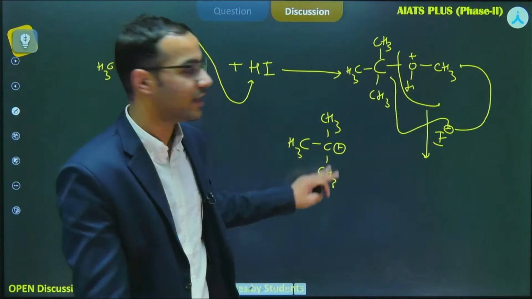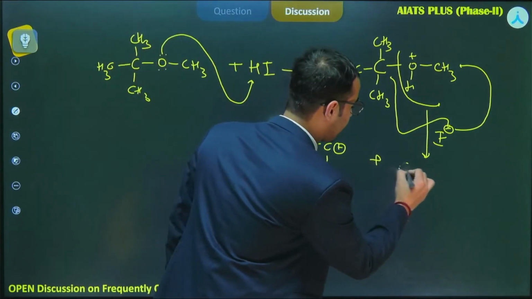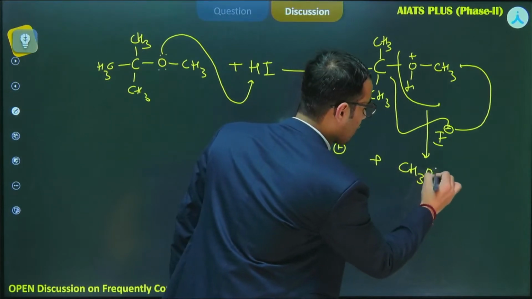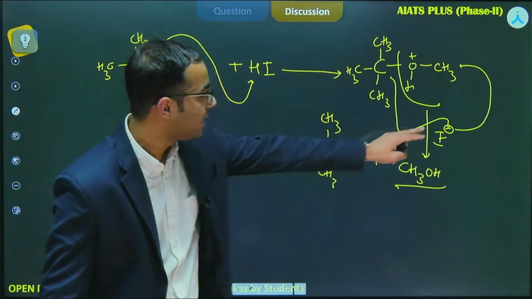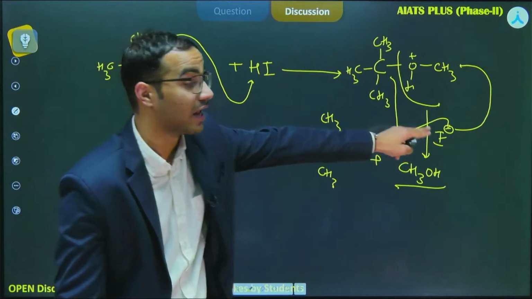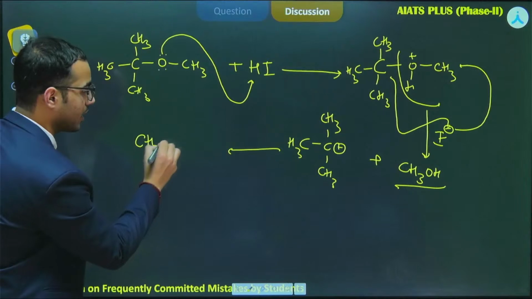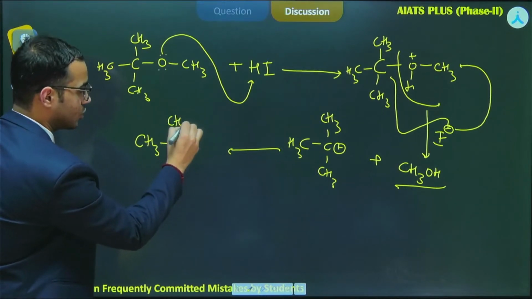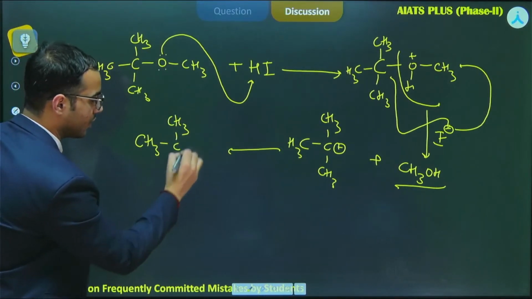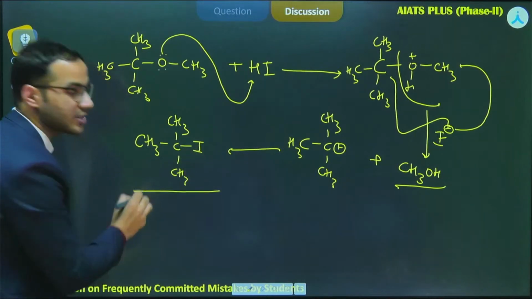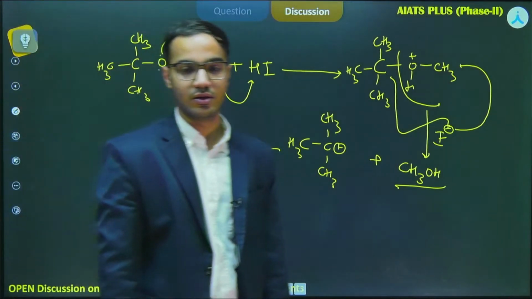So it will be the case, and next you will get one of the products, CH3OH. Mind it. And now this I negative will attack over here, yielding CH3, CH3, CH3 and I. This is one of the products. Got it?